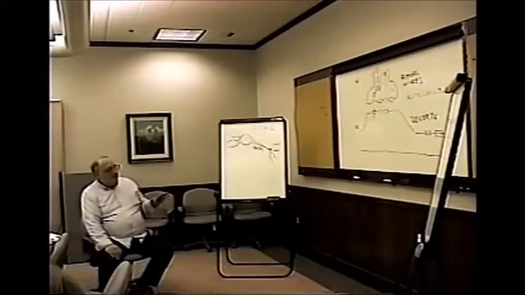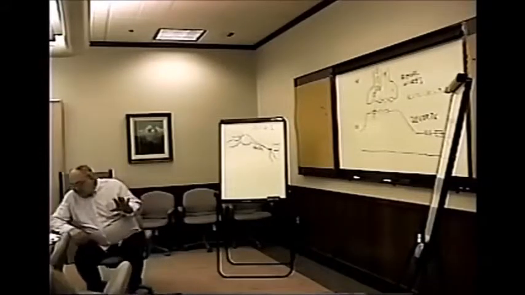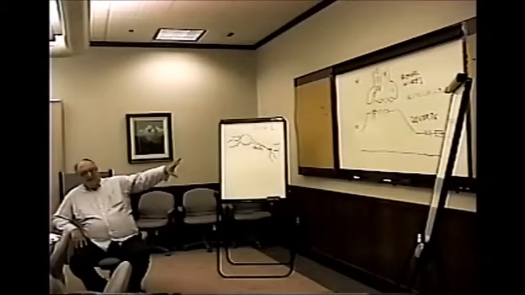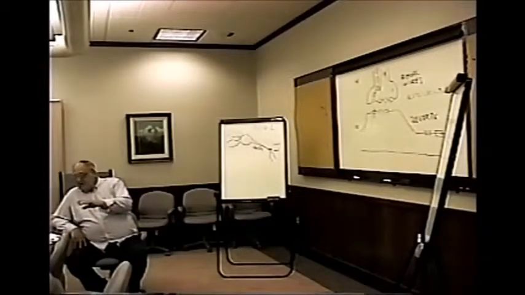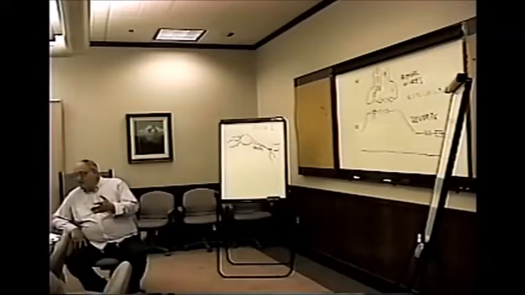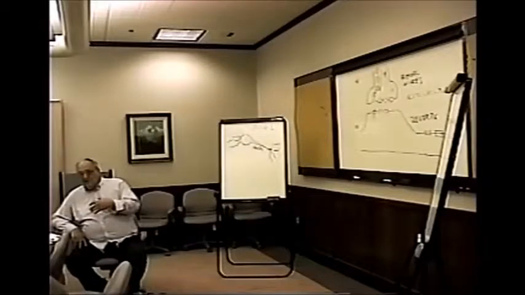Okay, we're getting about ready for a lunch break here. Now that we've got the basic mechanism for this down, and again, don't chisel this stuff in stone, because it isn't completely understood yet, and certainly not by me, I'm not a neurobiologist.